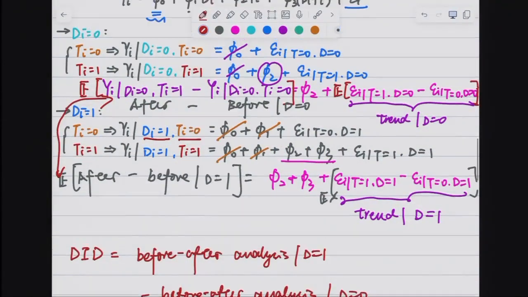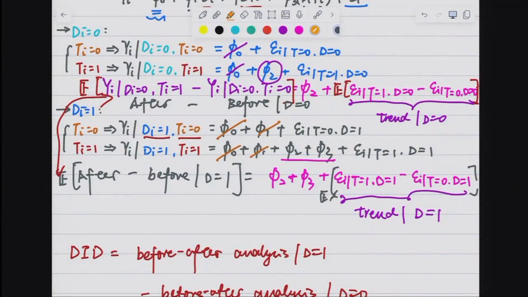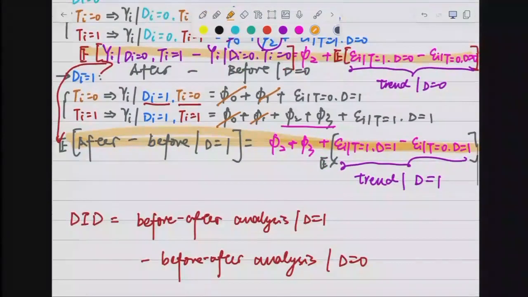Then if we look at these two, we're looking at the difference between these two equations. The common phi 2 term cancels out. What is left is just the phi 3 plus the trends in the epsilon.